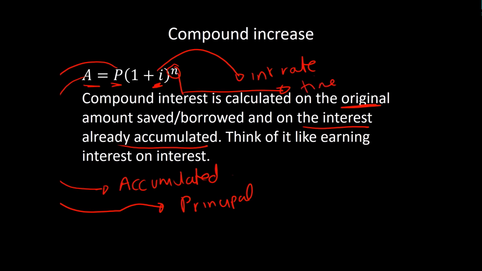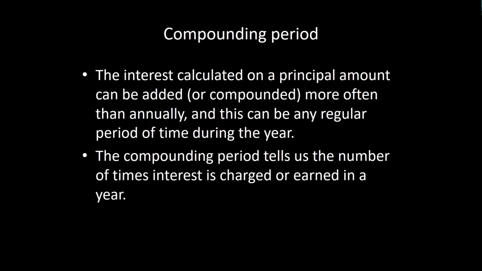So it depends on how often our compounding occurs, what will happen to n and what will happen to the interest rate. So talking about how often compounding occurs, we get this idea of a compounding period. Now remember we said that interest is calculated on the principal amount plus interest, right? So when we talk about different compounding periods, what really happens is that interest can be compounded more often than just annually.